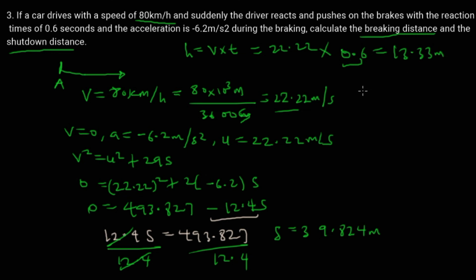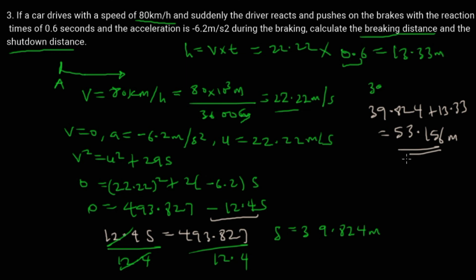So the shutdown distance is therefore 39.824 plus 13.33, which is equal to 53.156 meters.